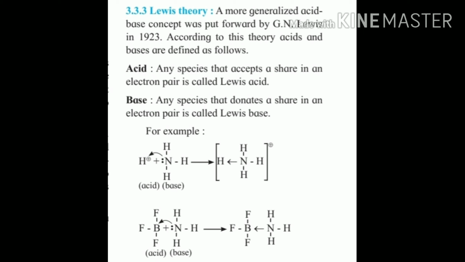It is any species that donates a share in an electron pair. So if a base is donating an electron pair, it means it can be stable even after donating an electron pair. I told you, if you are poor, you will take things when people give you. If you are rich, then even if you give say 10 or 15 or 100 rupees, that is not going to matter much to you because you have enough money. So similar is the case here.